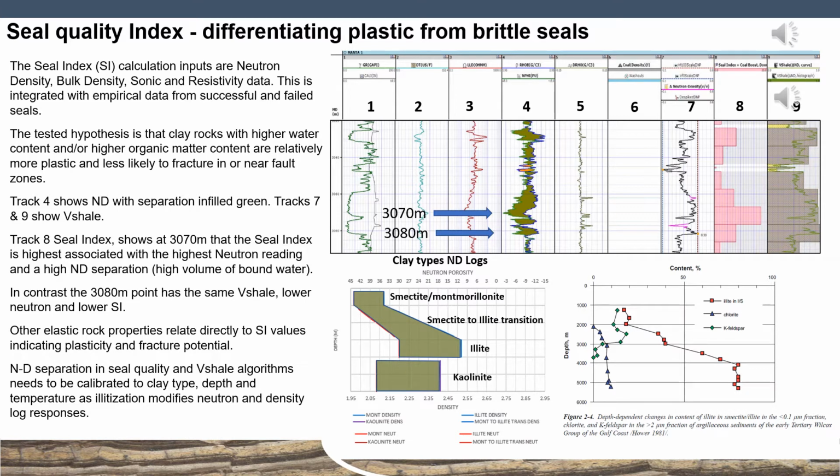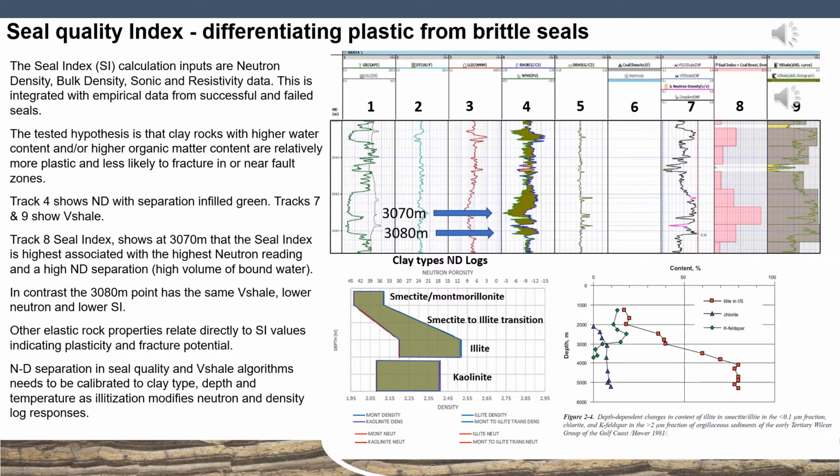The plot in the centre of the diagram shows the sort of issues that have to be addressed in showing the range in clay type responses with burial. You can see the illitization process there, which fairly dramatically changes V clay, and then I've put a kaolinite example at the bottom there to show the range there as well.